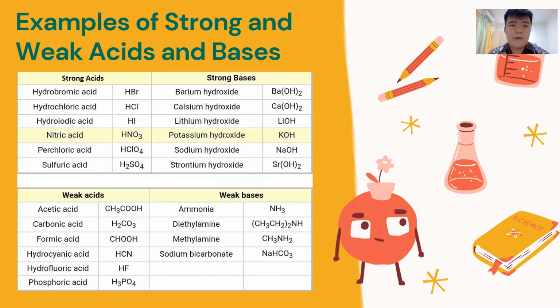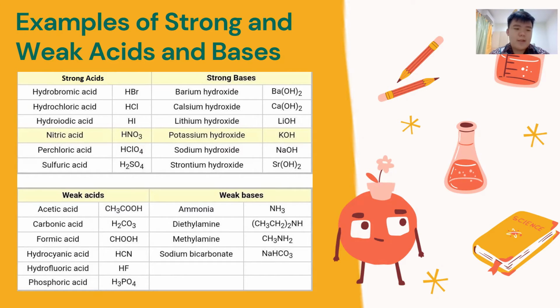Next are examples of strong and weak acids and bases. First, we have the strong acids such as hydrobromic acid, hydrochloric acid, hydroiodic acid, nitric acid, perchloric acid, and sulfuric acid. Strong bases are such as barium hydroxide, calcium hydroxide, lithium hydroxide, potassium hydroxide, sodium hydroxide, and strontium hydroxide.